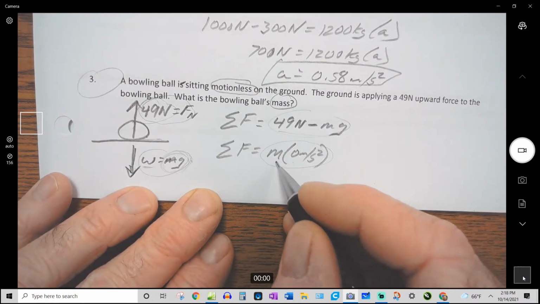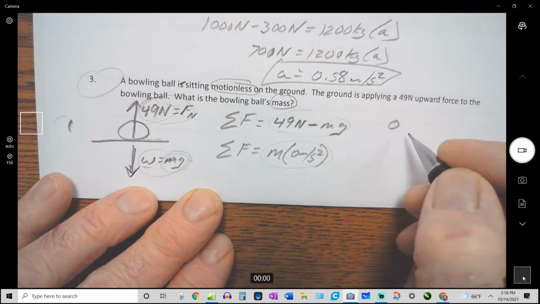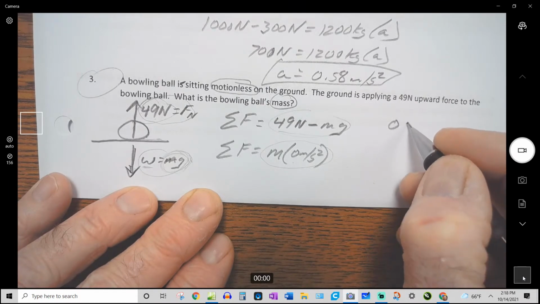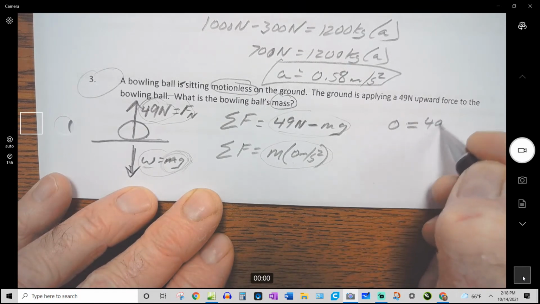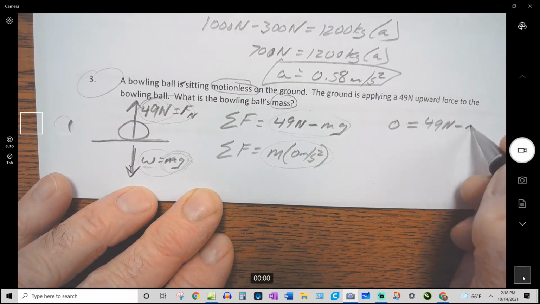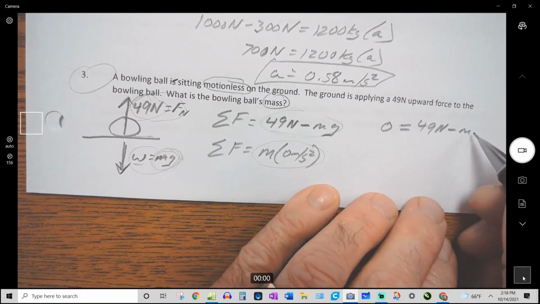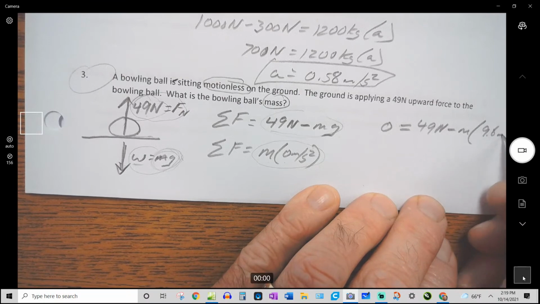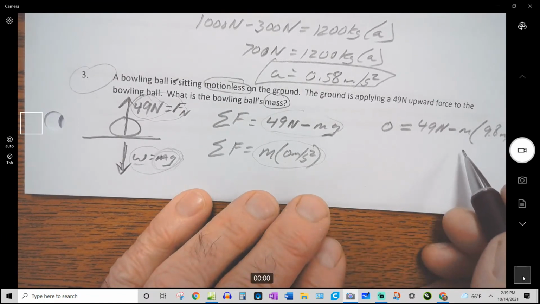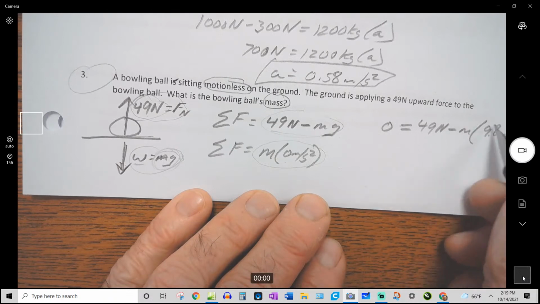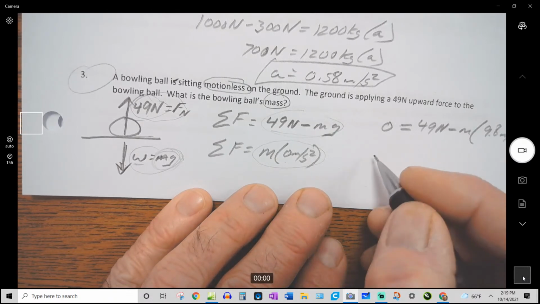So mass times 0, I'm just going to write 0, equals 49 newtons minus m. And at this point, I'll go ahead and put in g, 9.8 meters per second squared. So let me add negative 9.8 m to both sides.